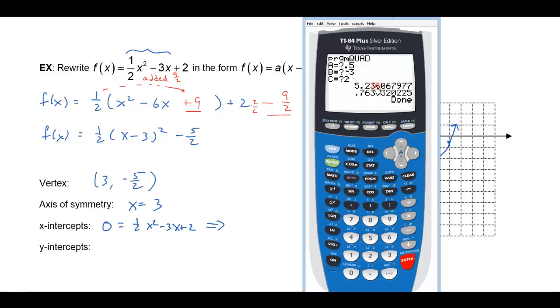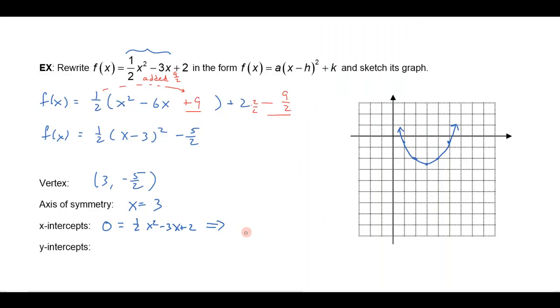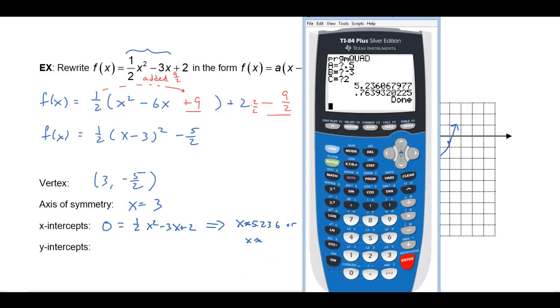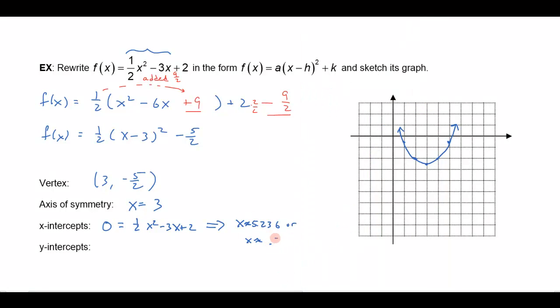So I get about 5.236. So we'll just say x equals 5.236. Maybe I'll make those little wavies. Or x is approximately, what was the other one here? 0.764 if I round off to the thousandth. And I'll just say here, by the quadratic program on graphing calculator.